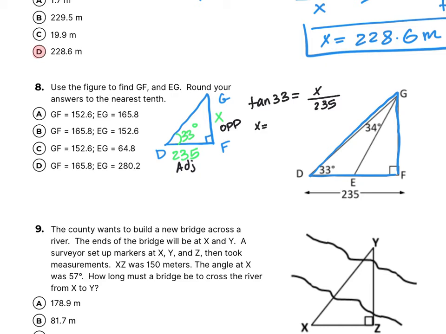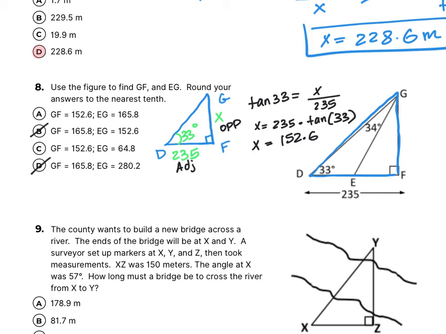You cross multiply and you find that x is equal to 235 times tangent 33. You do that on the calculator and you find x to be 152.6. So if you look at the answer choices, you can eliminate B and D.